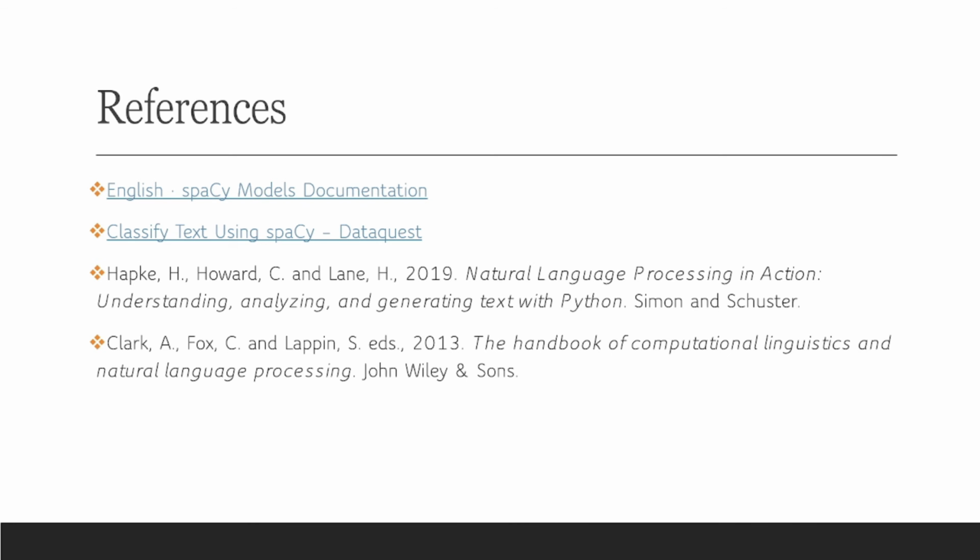There are so many applications mentioned in Natural Language Processing in Action. And then the next one is the Handbook of Computational Linguistics and Natural Language Processing, which is a very good book to read about what natural language processing is and how these things are happening. Okay, so these are a few references. You can go through these so you can gain more knowledge regarding this.